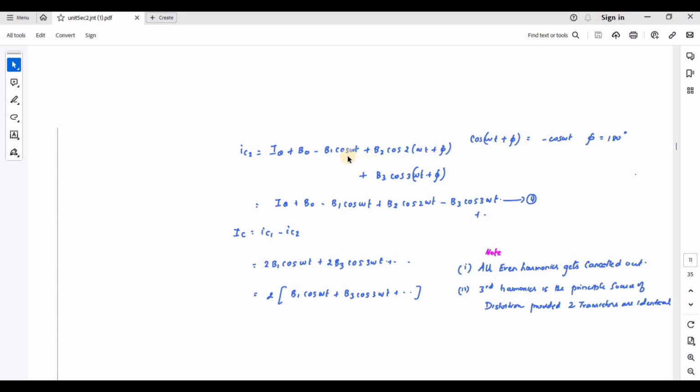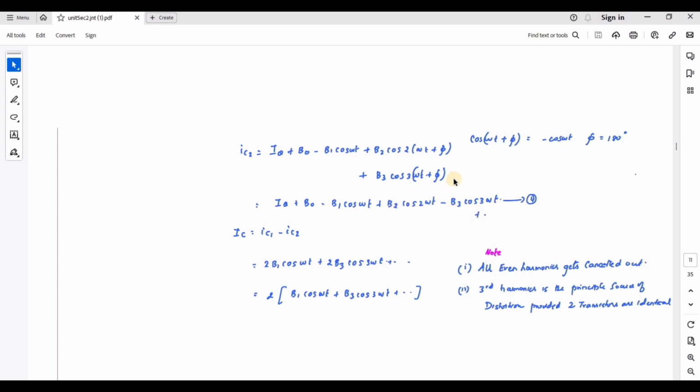So cos of omega t plus phi is nothing but minus cos omega t. That is why I have written minus B1 cos omega t plus B2 cos 2 omega t plus phi plus B3 cos 3 omega t plus phi. So 2 phi is nothing but 0, so you will get 2 omega t, and this is nothing but minus B3 cos omega t.